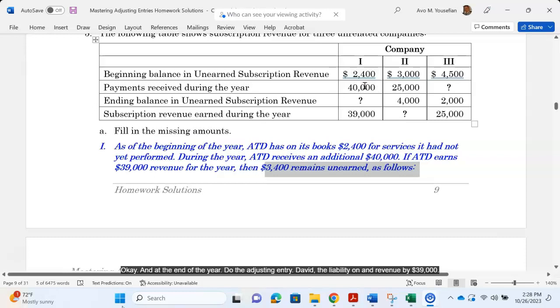And at the end of the year, do the adjusting entry, debit the liability unearned revenue by $39,000 and credit revenue by $39,000. You will see in the T account, the remaining balance will be $2,400 plus 40 minus 39, which is $3,400. You want me to show this on the T account?